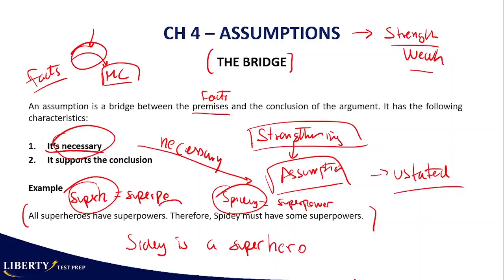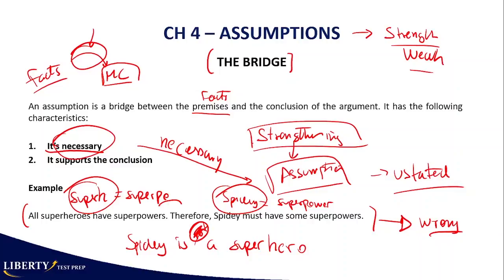Now, what would happen if I say, let's say as a weakening, right? I say Spidey is not a superhero. Then this whole conclusion, that whole argument is wrong, you see? So the assumption is that Spidey is a superhero. That needs to be true.